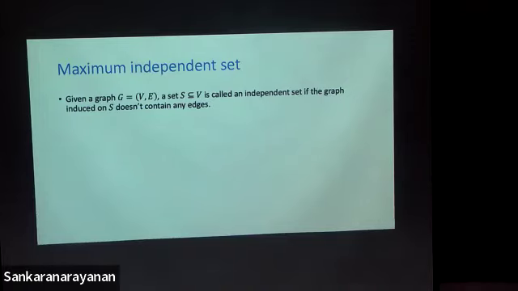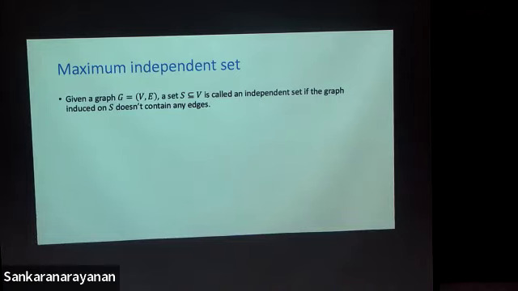Okay, maximum independent set problem. Here the problem is you are given a graph, and you want to compute the largest set of vertices such that they do not contain any edges. That's called an independent set. So how do we formulate this as a polynomial optimization problem?